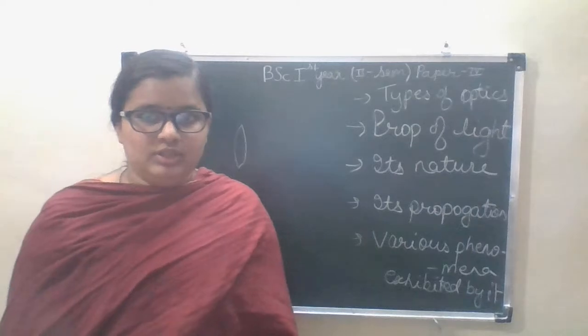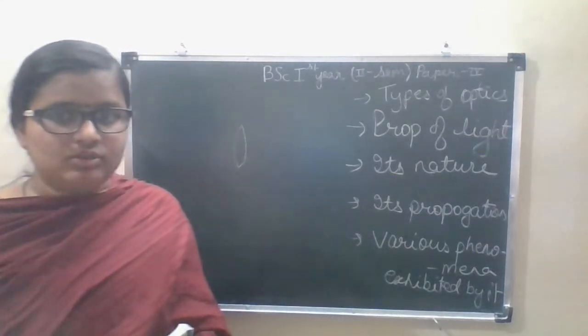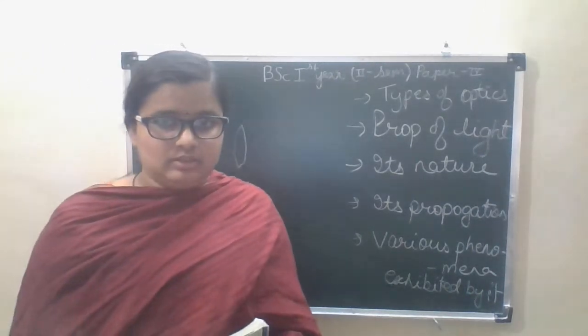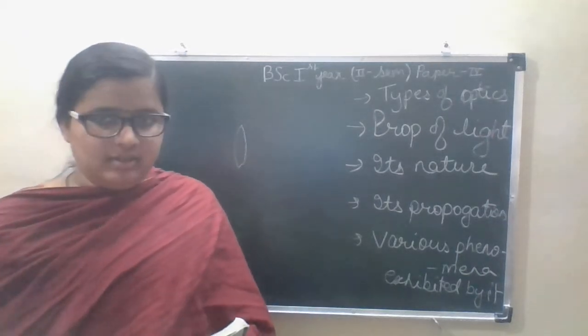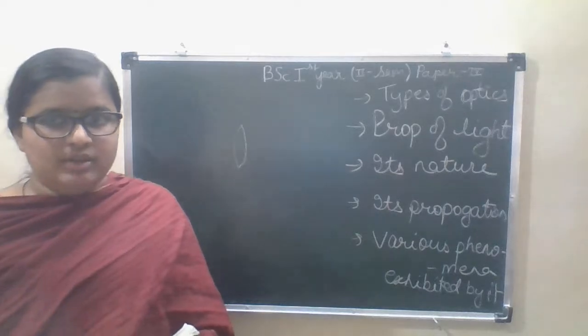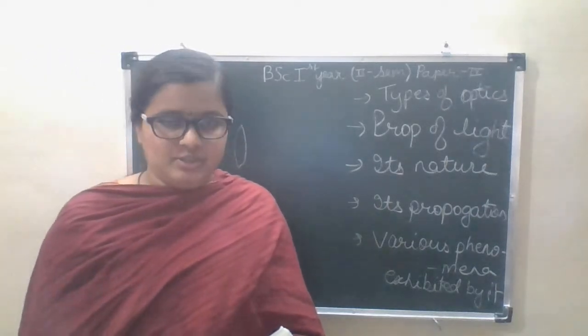So in 1841, Gauss showed that any number of coaxial lenses... What are coaxial lenses? Coaxial lenses are lenses which have a common principal axis.